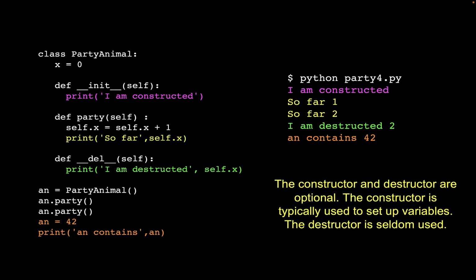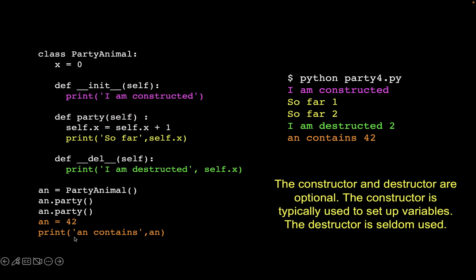As soon as that goes down to zero, then that instance is a candidate for garbage collection. And the next time the garbage collector runs, right before it gets rid of the space, it calls del.